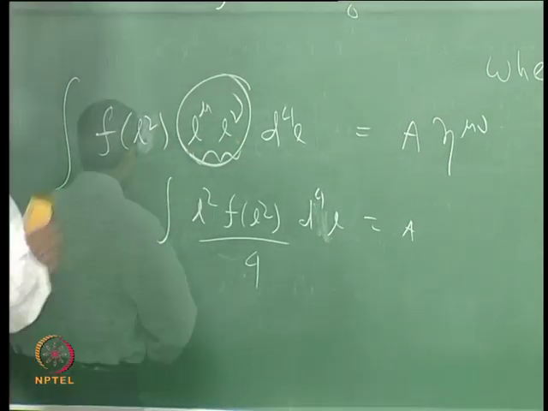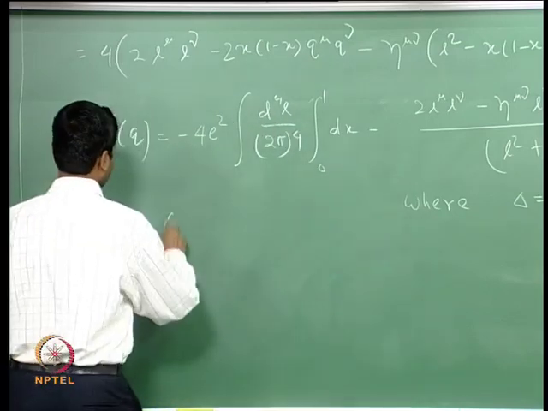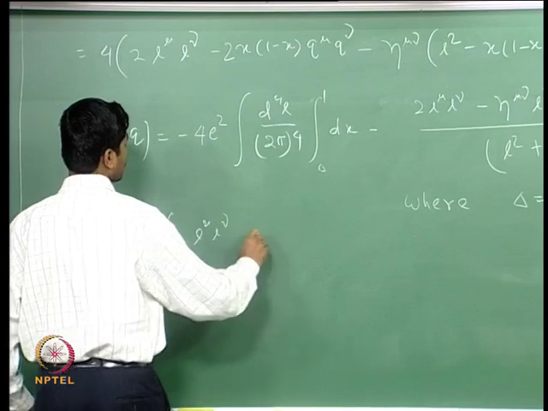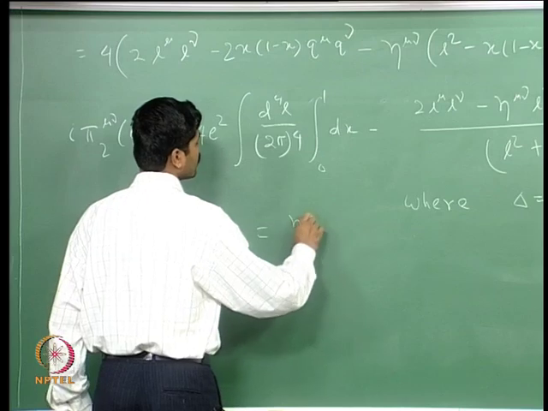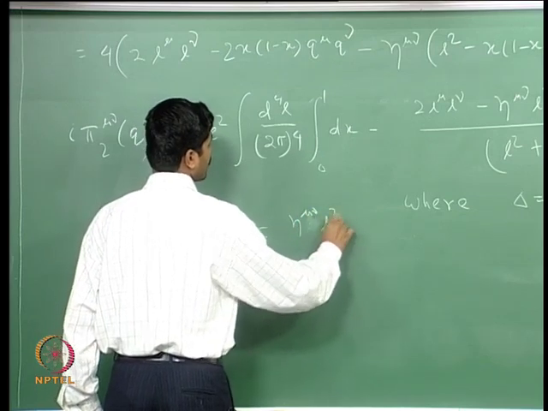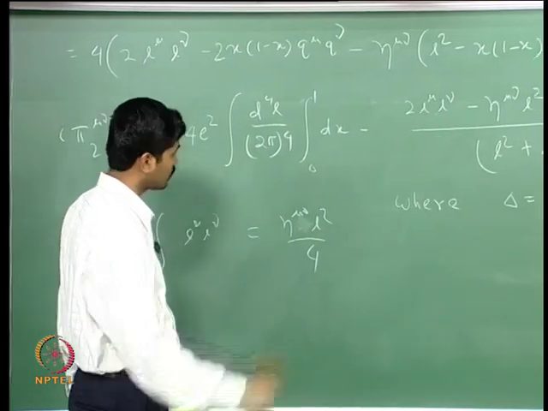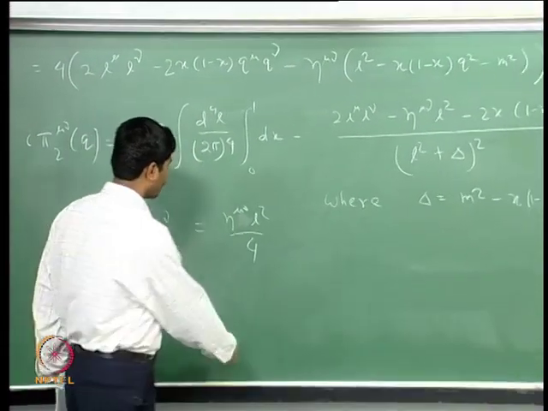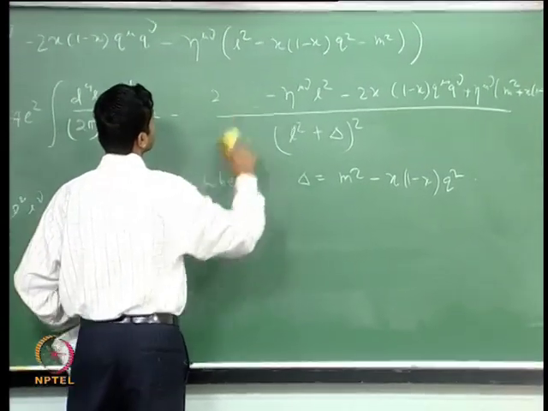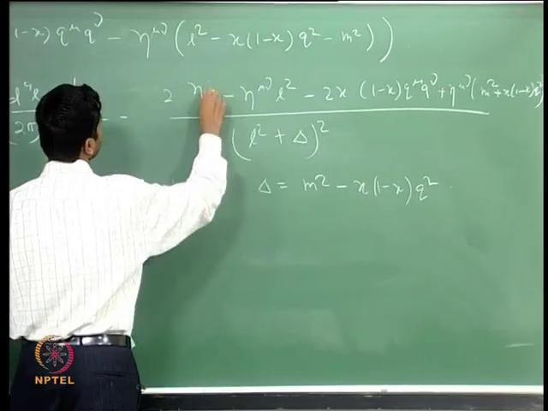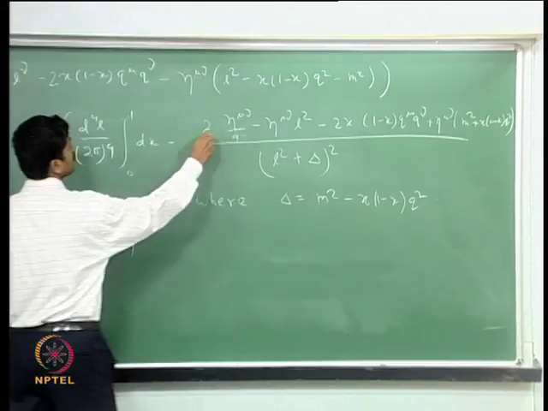If you have L mu L nu inside the integration, then this is merely given by eta mu nu L square divided by 4. This is what I can use here. So, when I do that, I will simply get eta mu nu divided by 4 times L square.